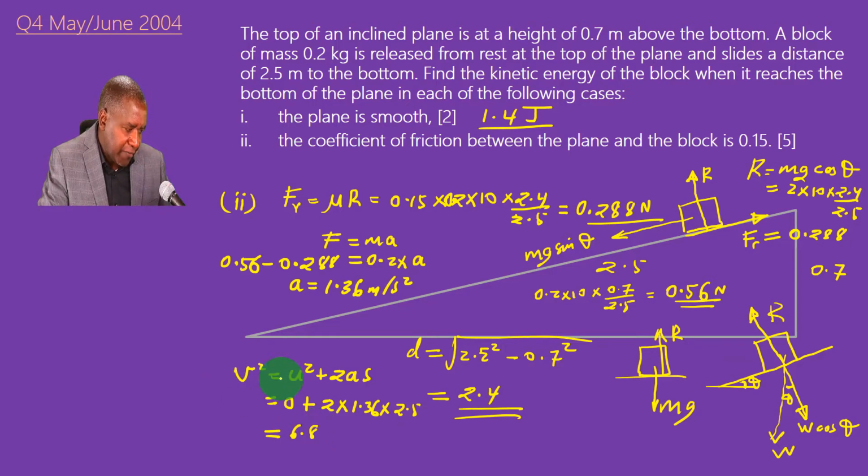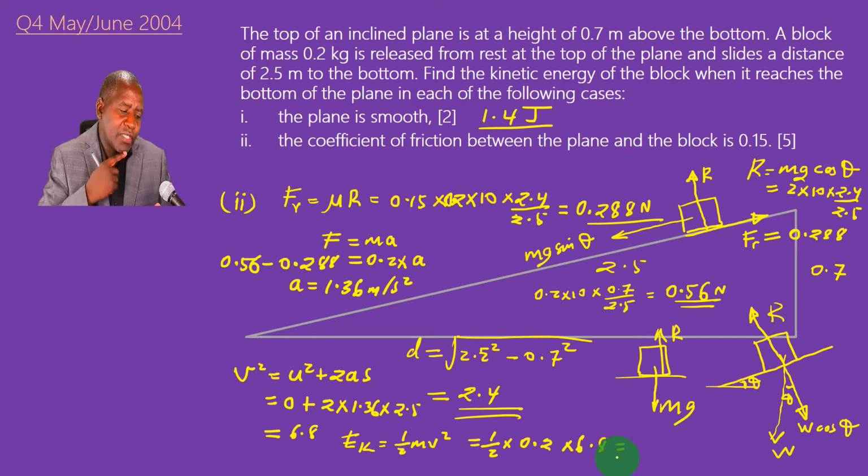6.8. It's v squared. So in order to get EK, which is a half mv squared, I do not bother to find the square root. I simply use it as it is. The mass is 0.2 and the v squared is 6.8. Let me see what I get.